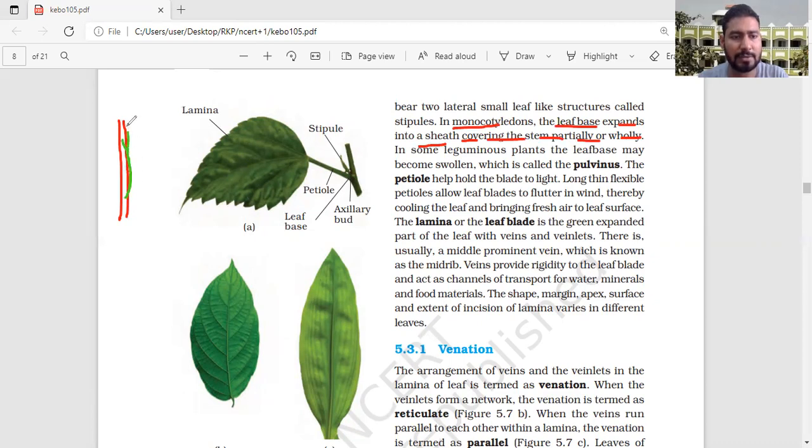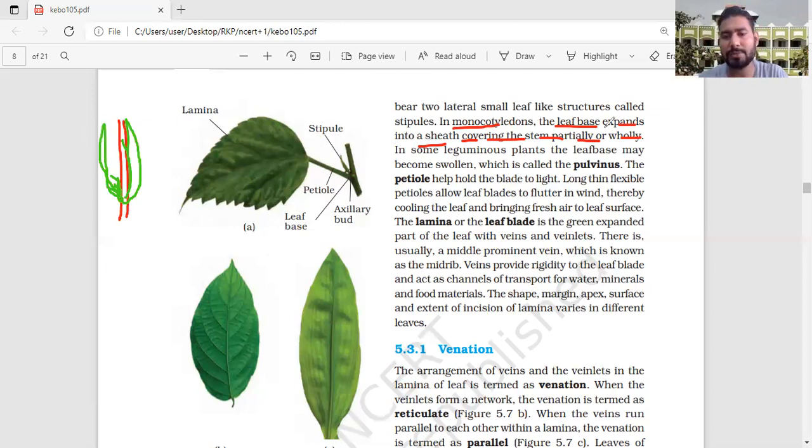A simple example is the maize plant or sugarcane plant, in which the leaf base forms a cover-like structure, that is the sheath.